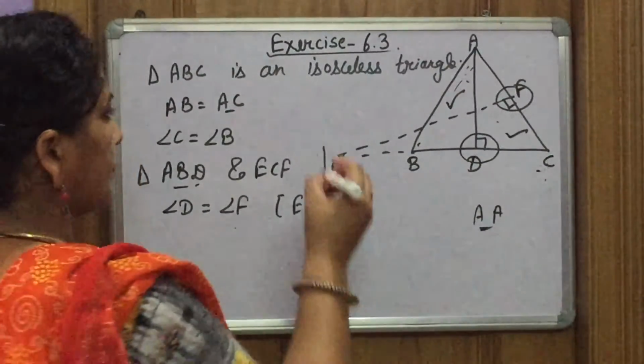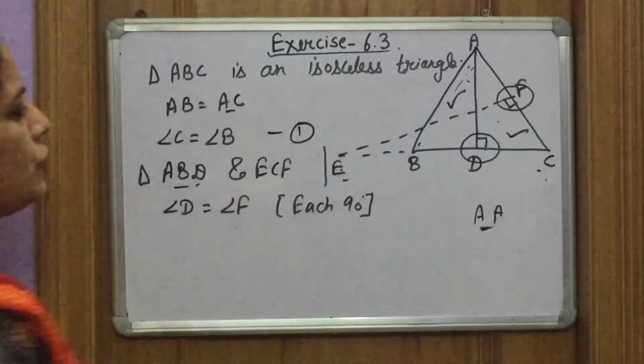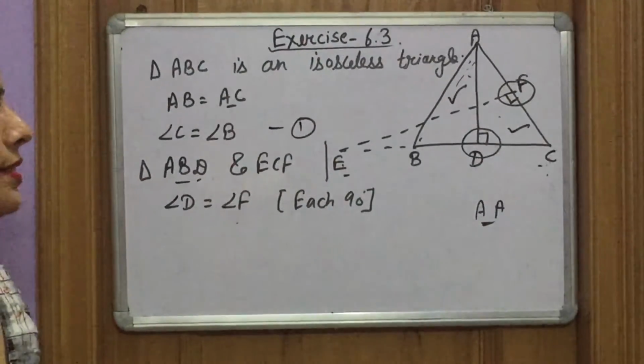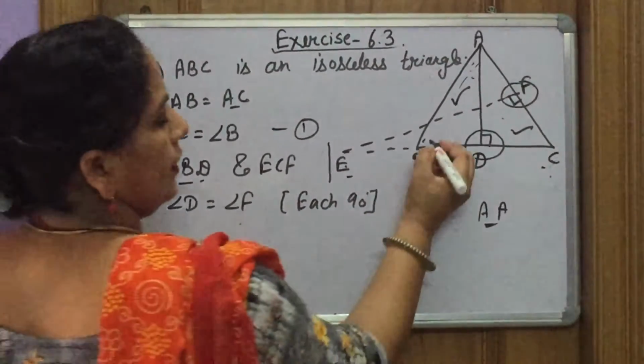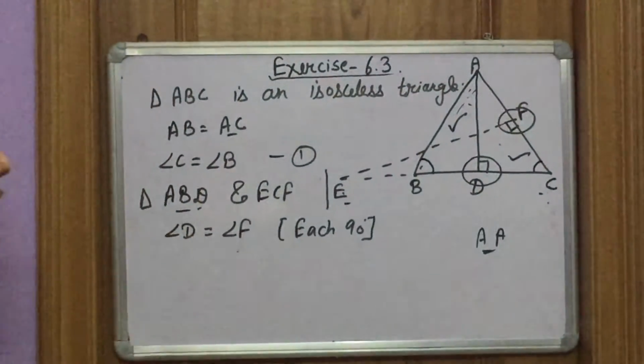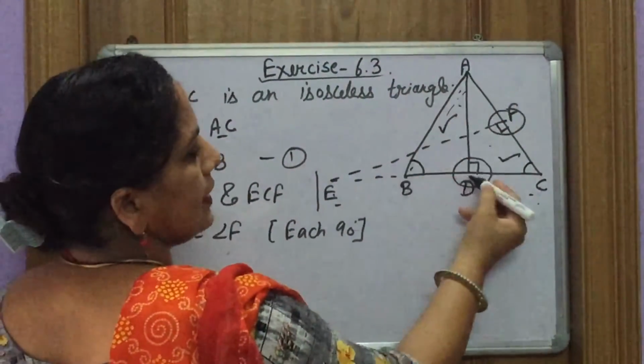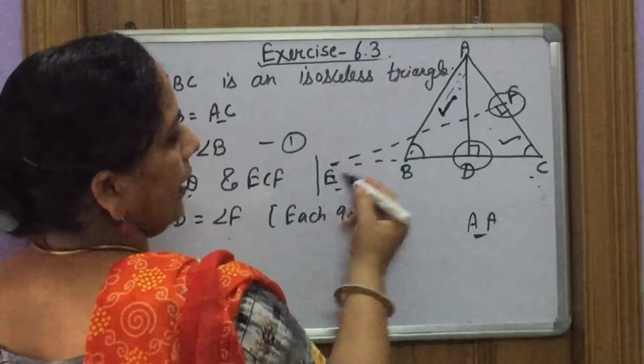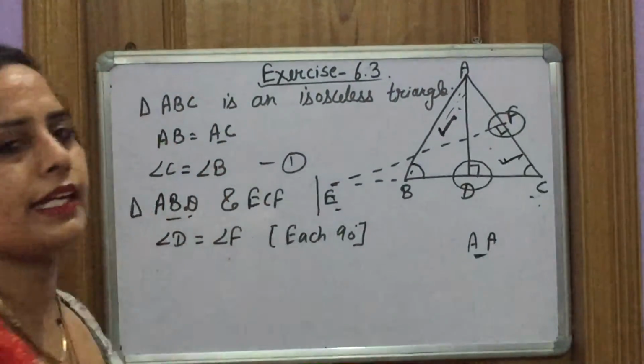Second one is, as we have already shown, that angle C is equal to angle B. This one angle is equal to this one. Angle B lies in our first triangle and angle C lies in our second triangle.